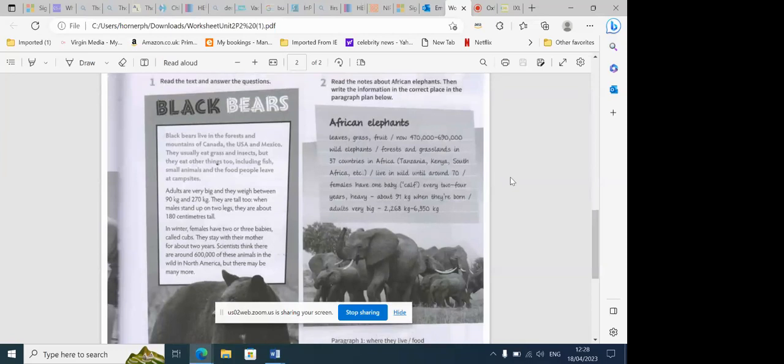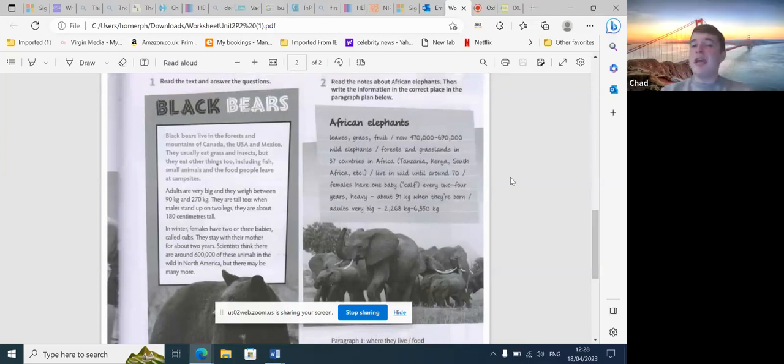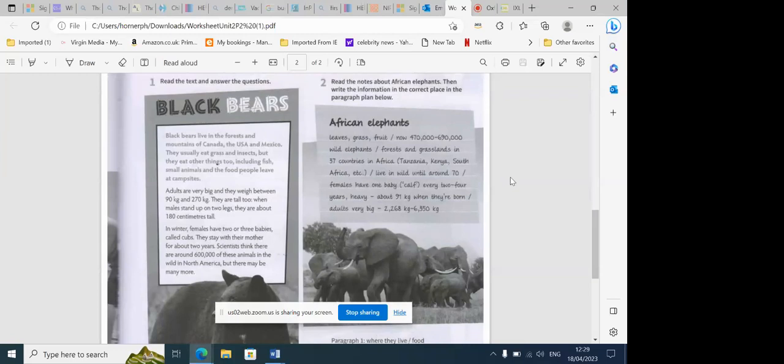Leaves, grass, roots, now 470,000 to 690,000 wild elephants, forests and grasslands in 37 countries in Africa, Tunisia, Kenya, South Africa, etc. Live in wild until around 70.